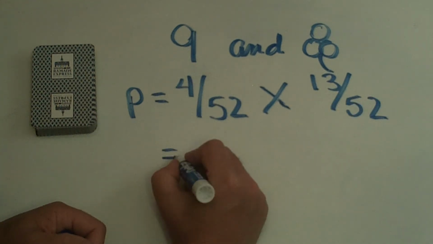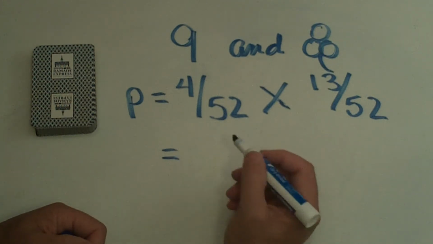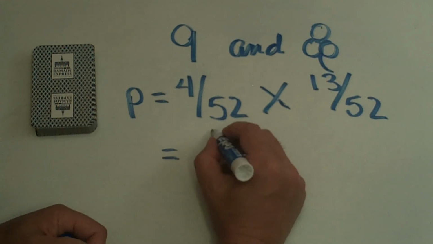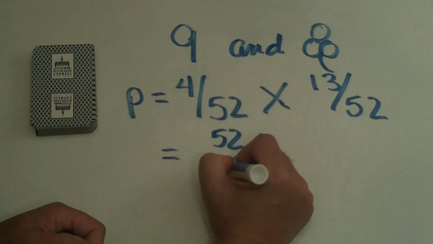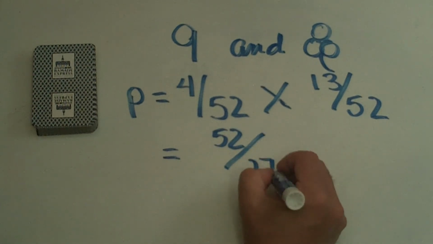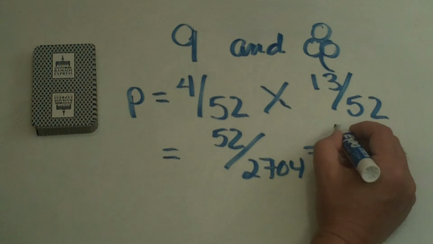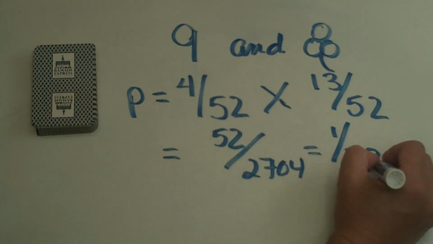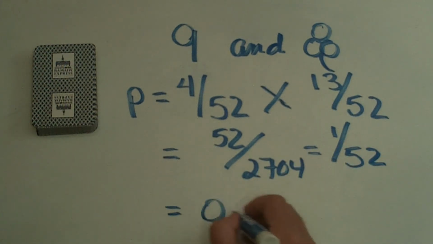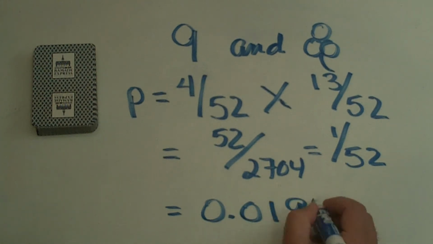We'll solve this to equal 52 divided by 2704, which reduces to 1 divided by 52, or 0.0192.